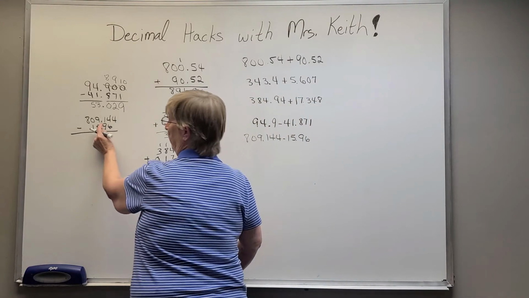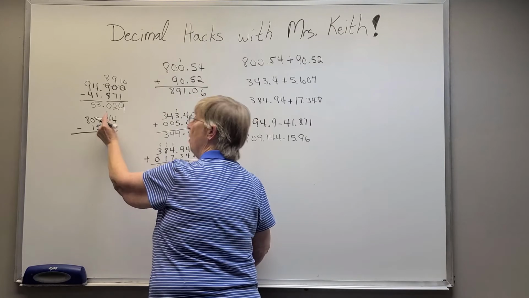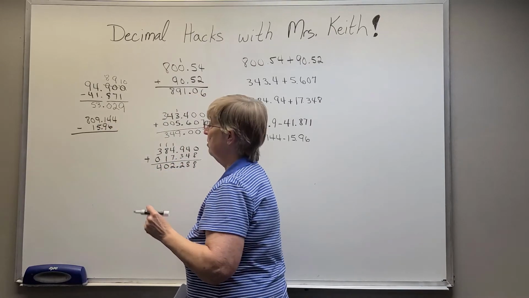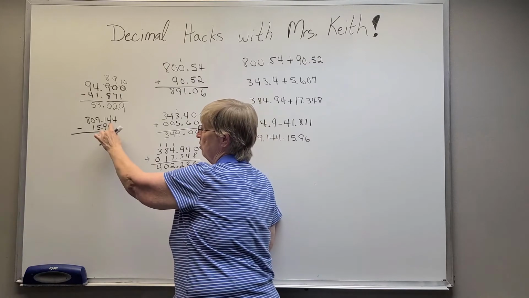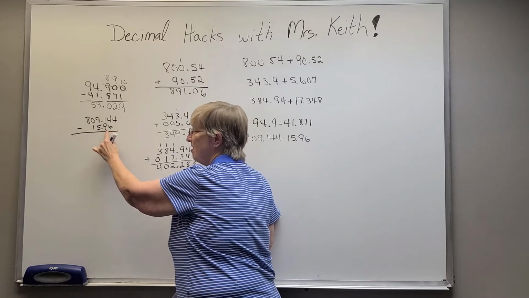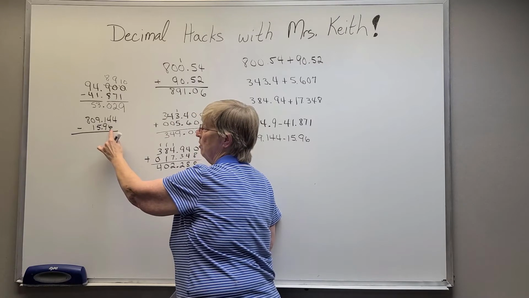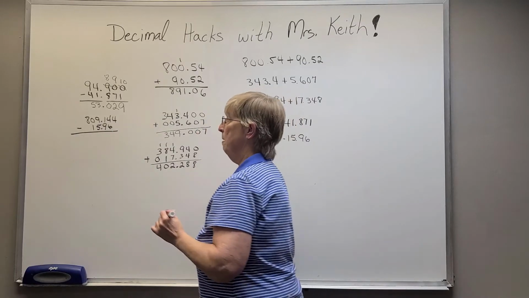So one place to the right of the decimal is the 1 in your top number, so the 9 needs to go under the 1. And the same thing with the 6. The first 4 in the top number is your second digit to the right of the decimal. So the 6, being the second digit to the right of the decimal in your second number, has to go right under it, okay?